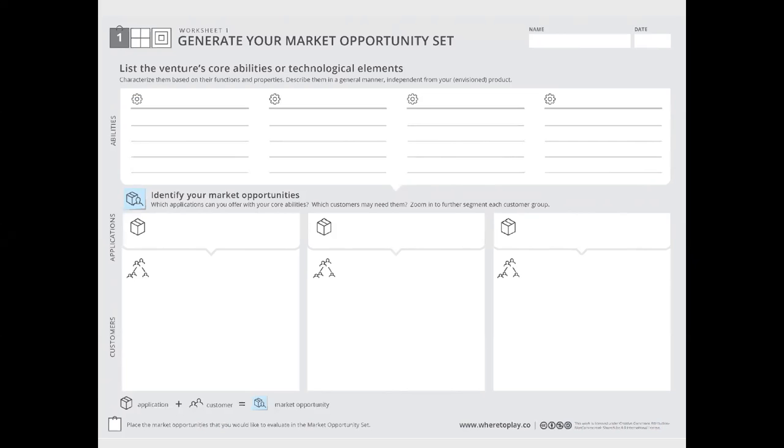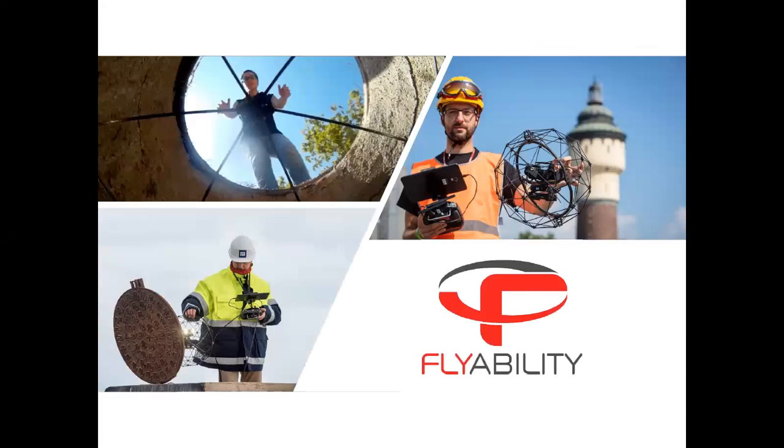Once you understand these core elements, you can relink them again on the bottom part of worksheet 1 to think about or create different applications with them, meaning different usages or different domains or different jobs they can do, and list the customers who might need these applications. And remember that at the end of the day, any combination of an application and a customer is a specific market opportunity for you.